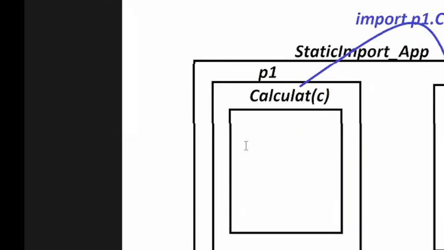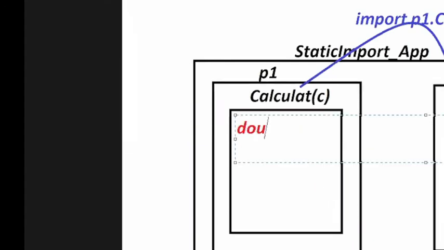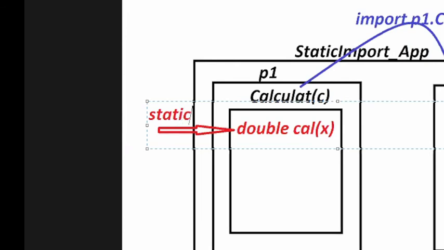Double is the return type. Calculate of some variable x. The return type is double only. Here it is static. Static means you have to access it with the class name. So Calculate.cal. That's my intention. Correct.